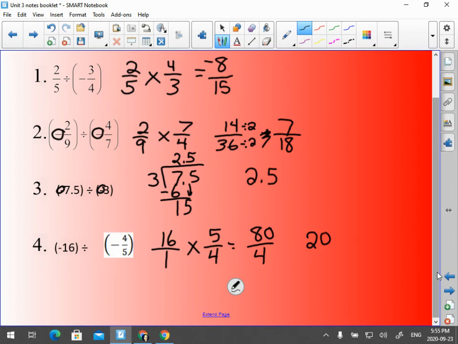Get your final answer. It is a whole number. It's going to happen sometimes. You don't need to attach a fraction to the side. And then you go back and look at your integers. A negative and a negative equals a positive, so my final answer is just 20.